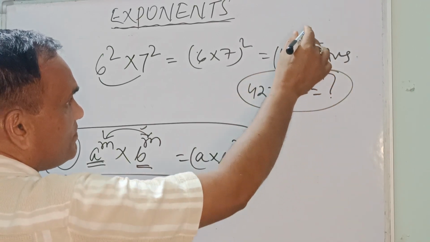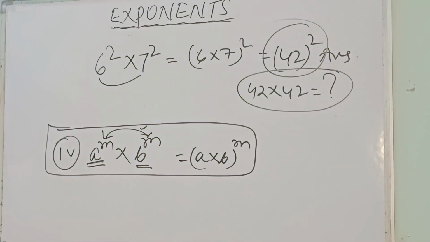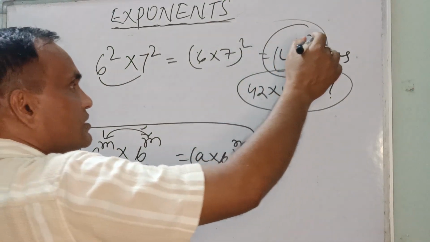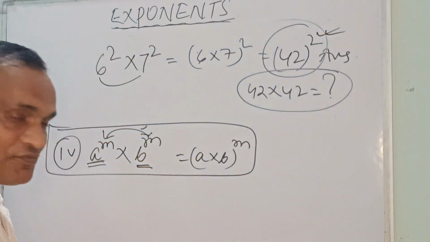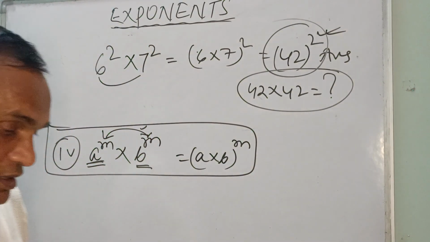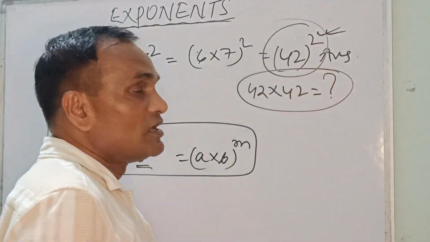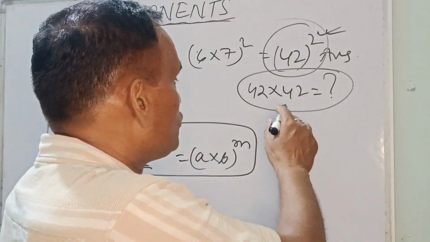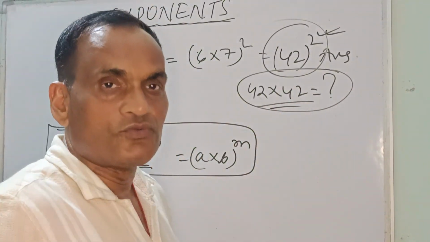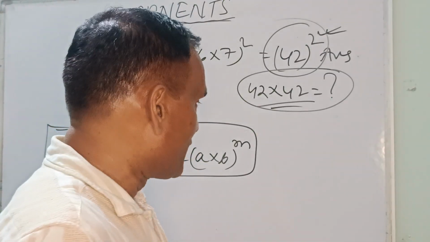The answer is the same. There is no issue. You can multiply here, or you need not multiply and can write this answer. If they want the answer in exponential form, you can write this. If nothing is given, then you have to multiply 42 into 42, right? Getting my point? Okay, done.